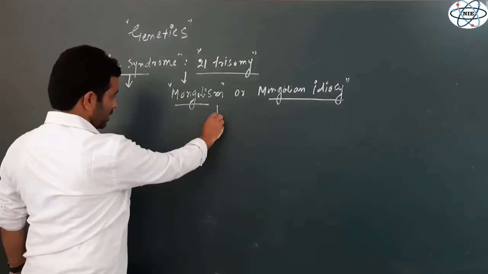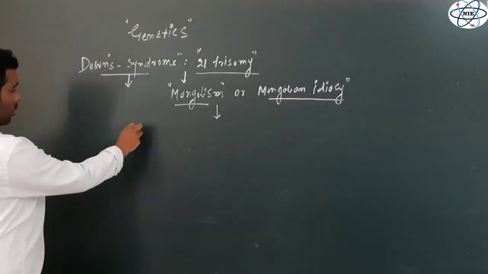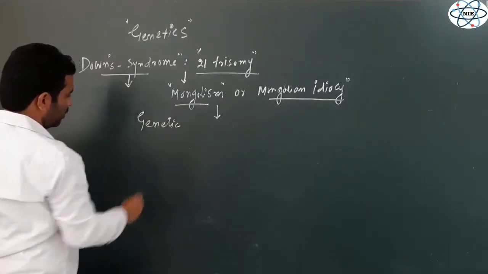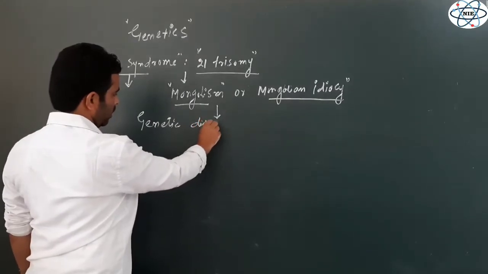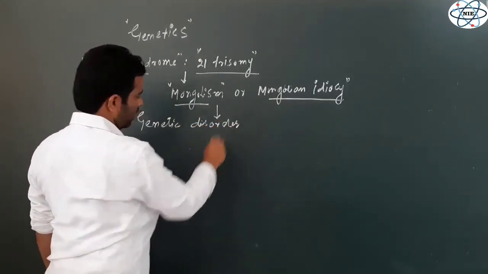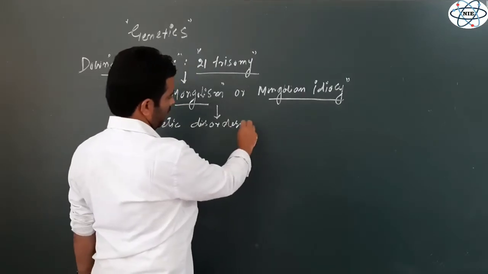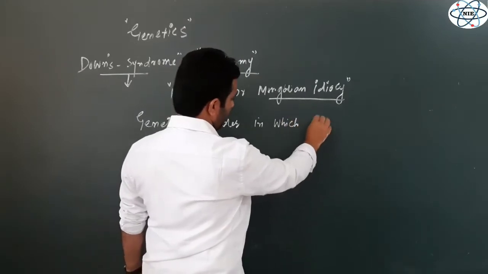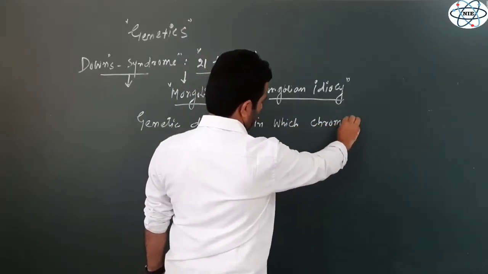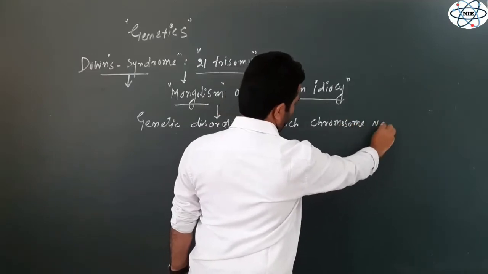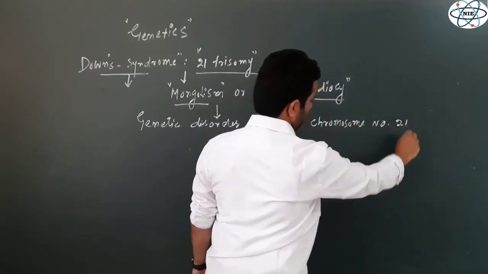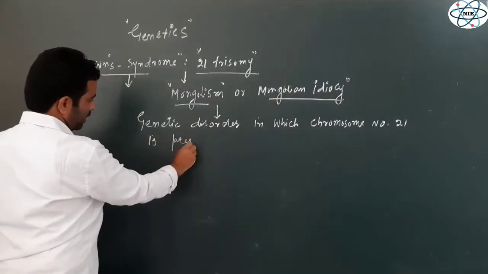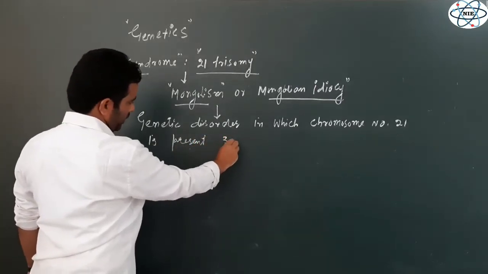Now let's try to understand what this disorder is. This syndrome is actually a genetic disorder in which the chromosome number 21 is present 3 times.